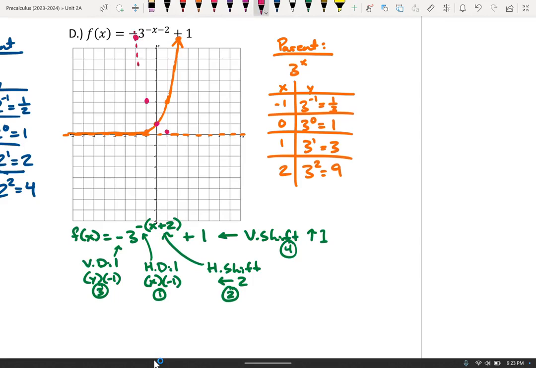So this is our graph so far, our first transformation there. And then our second one is going to be our horizontal shift, so all our points move over 2 spaces, 1, 2, 1, 2, 1, 2, and 1, 2. So it'll be right there. So that'll be our next transformation.